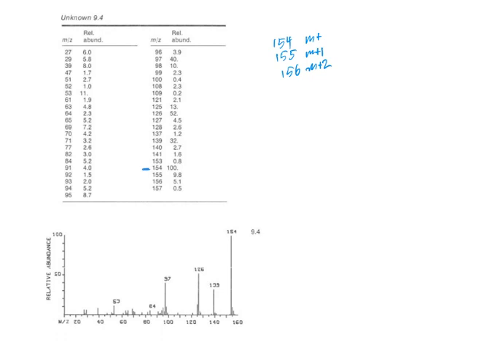Now this one is the base peak, so 109.8 and 5.1. We look for M plus 2. Why don't we work with the 157?